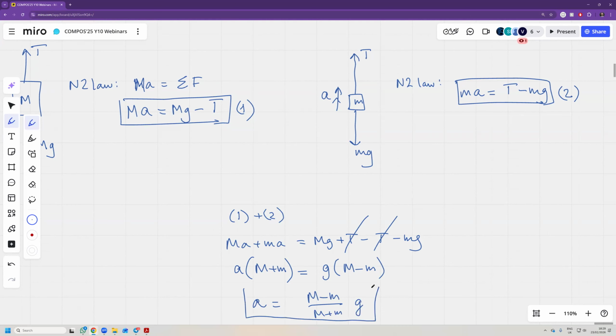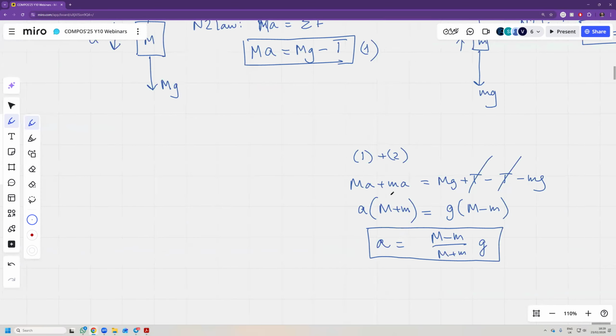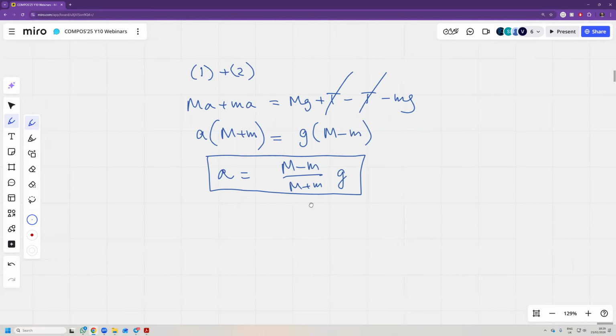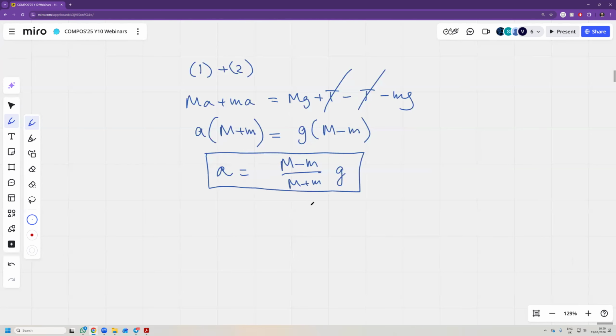That's the acceleration of the lift. So this is how physics is done properly: you don't need any numbers. But you could have numbers, like M is 200 kilograms and the counterweight is 150 kilograms. Then the acceleration would be 50 divided by 350 times g, approximately 1/7 of g.